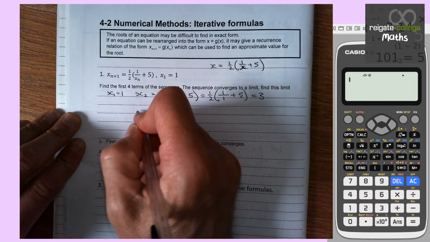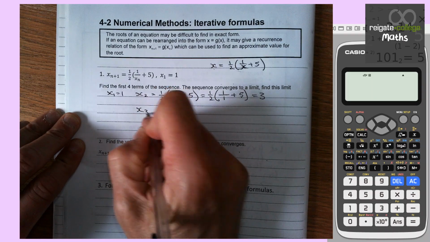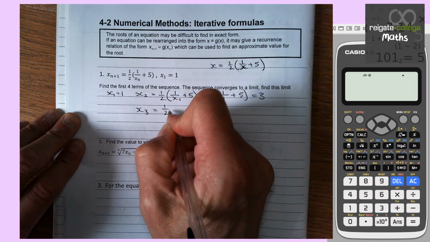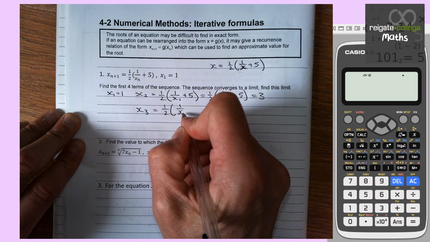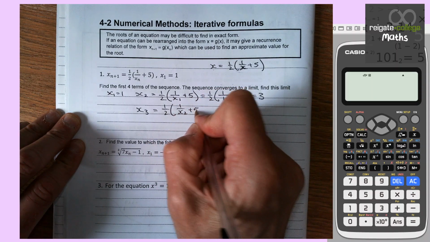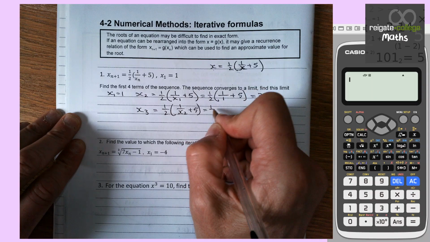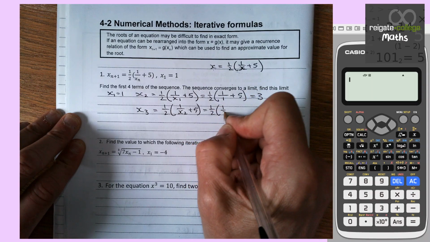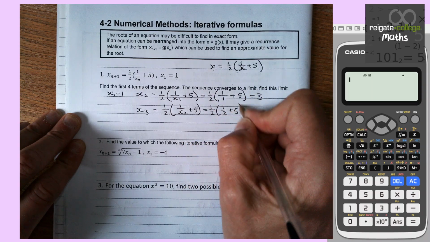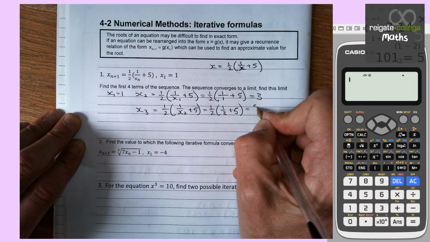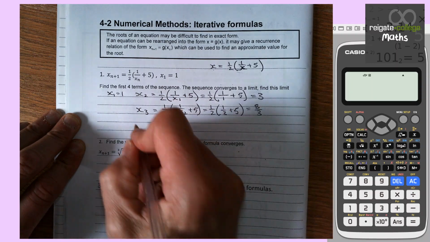And then we can do the same with x3. It's going to be a half times 1 over x2 plus 5, which is a half times 1 over 3 plus 5, which comes out to 8 over 3. And x4.